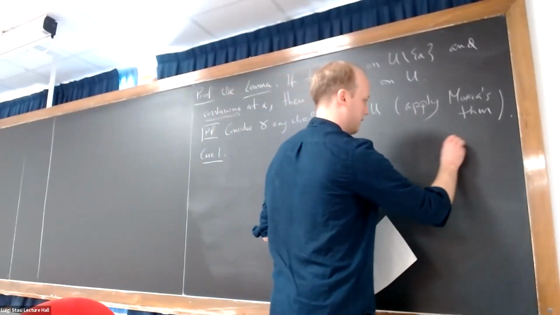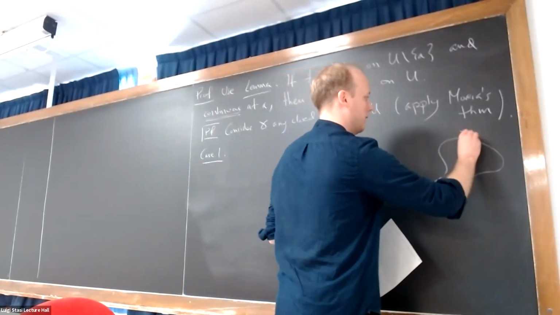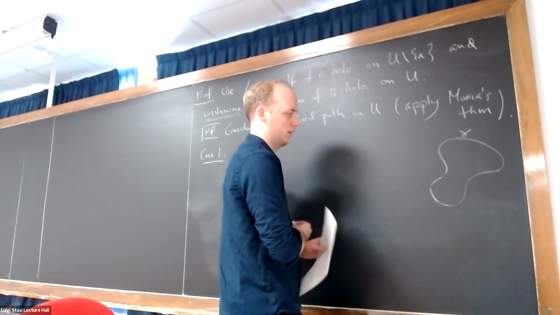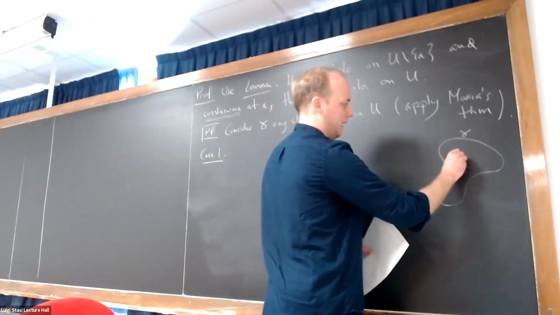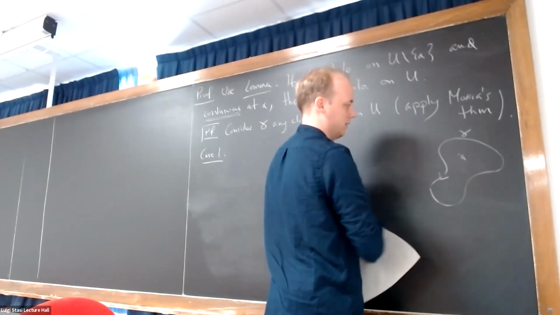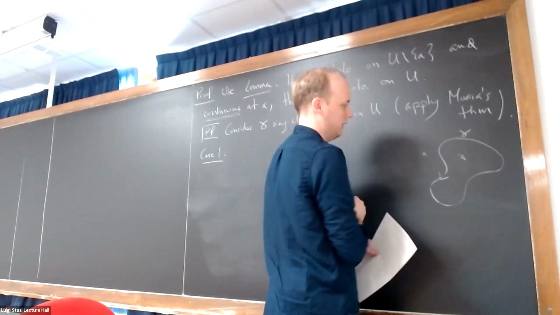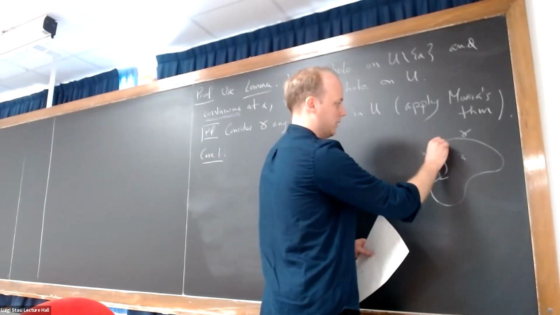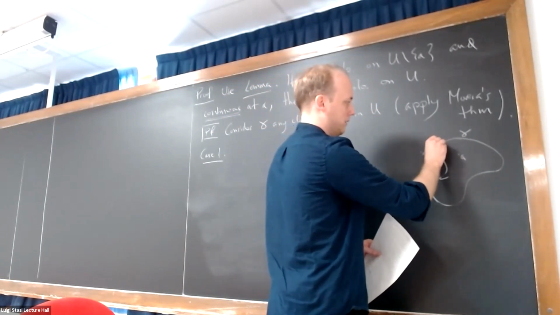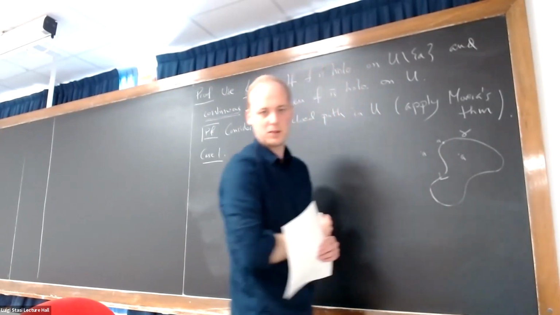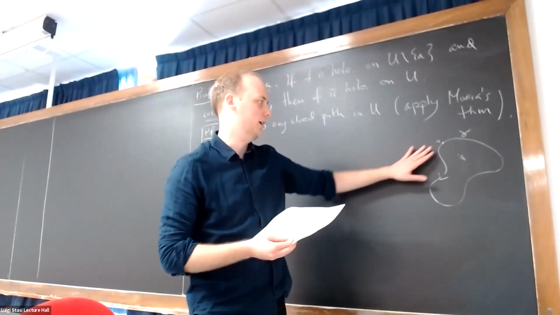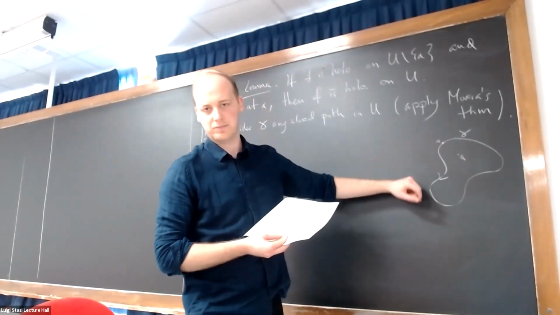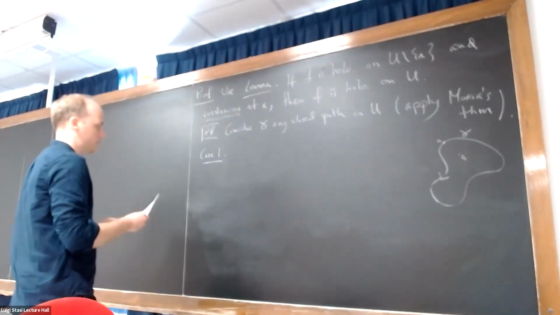So the two cases I will distinguish: I have this gamma inside U, this path, and the possibilities are that A is, well, it could be inside, it could be outside, still in U, but it could also be on the curve gamma. So I will separate between the two cases that it's on gamma and that it's not on gamma, okay? But it could be outside.